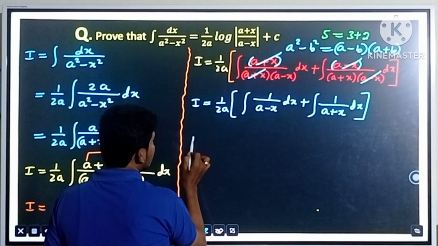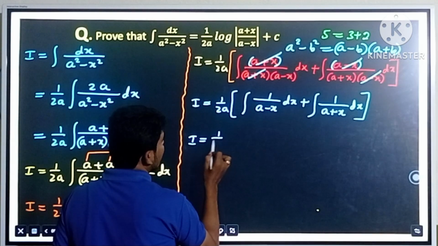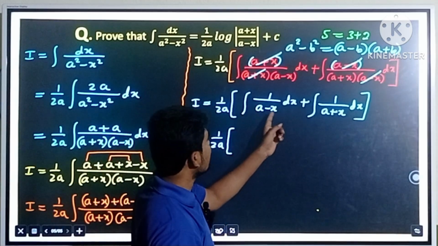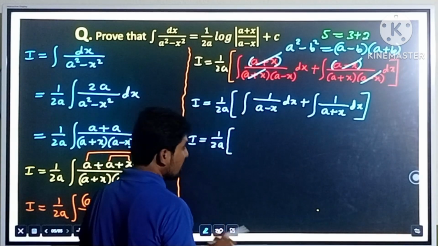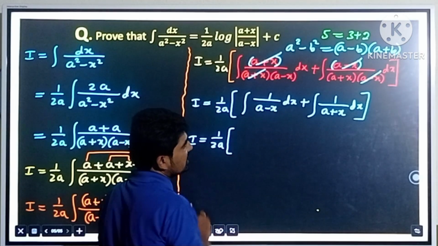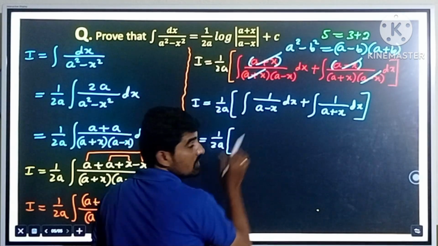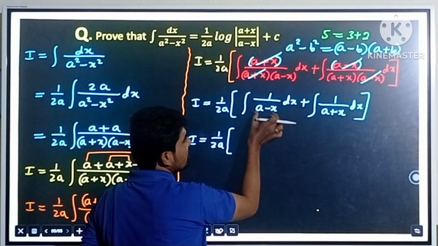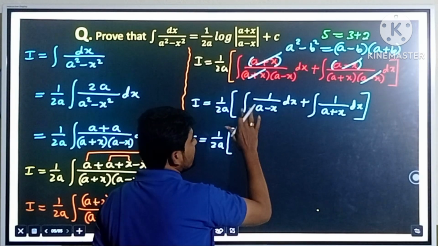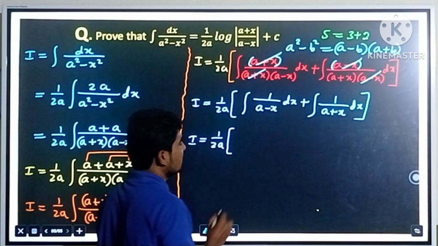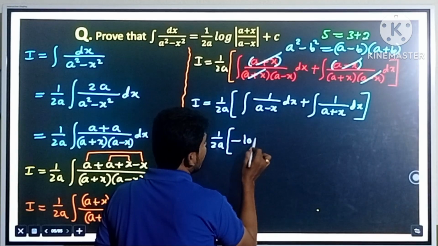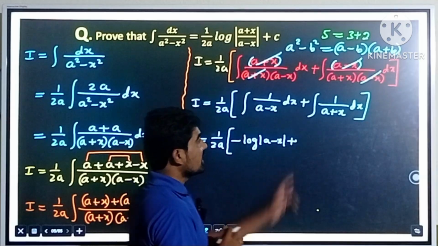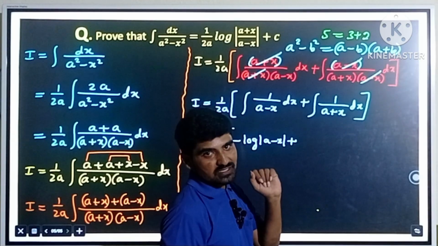Now I is equal to 1 divided by 2a into, see here, integration of 1 divided by a minus x dx, which is equal to log of a minus x divided by minus 1, because the derivative of a minus x is minus 1. So therefore integration of dx divided by a minus x can be written as minus log of a minus x, plus integration of dx divided by a plus x.